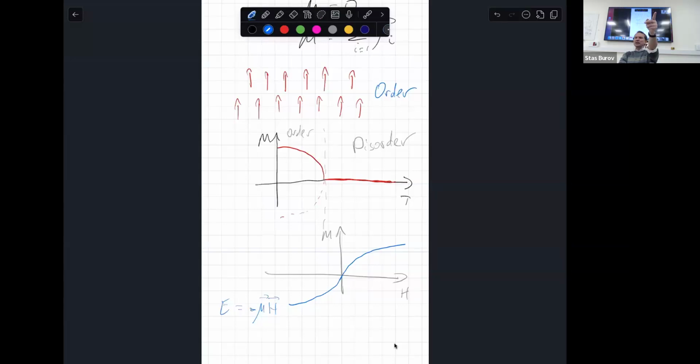So if I have an external applied field and my spin is oriented somehow, if my spin is going to be oriented in the direction of the applied external field, my energy will get lower, right? You have this minus sign over here. The moment that the energy gets lower, it's a more preferable state, okay? Therefore, I prefer to be aligned with the external field, okay? So this is what happens for a paramagnet.